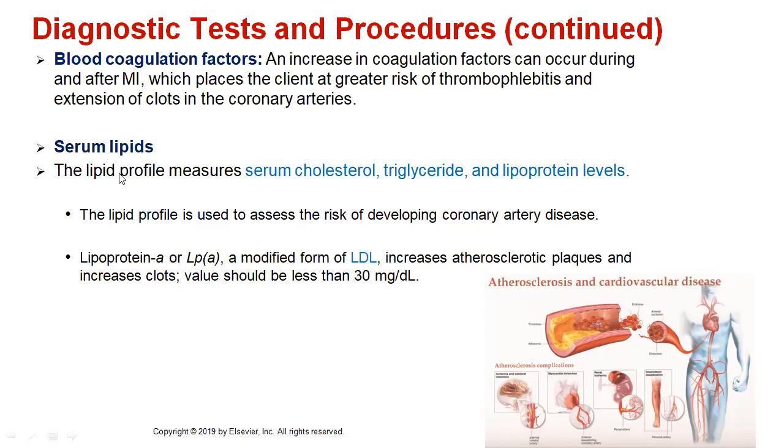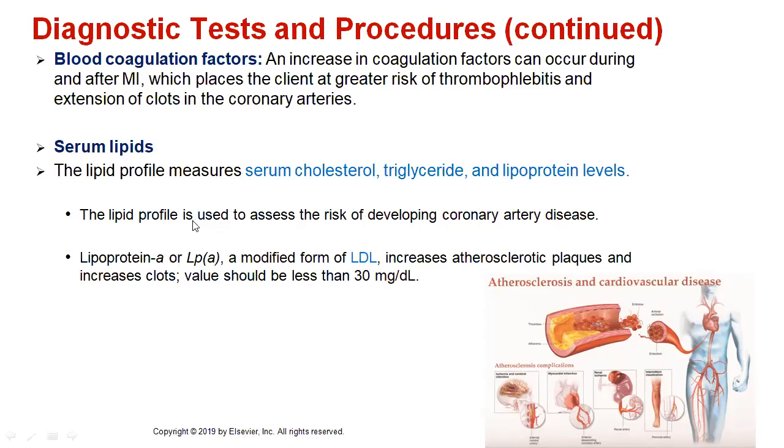When the doctor writes go for lipid profile, it means you have to check the total cholesterol or serum cholesterol, the triglyceride, and the lipoprotein level. Lipoprotein means HDL or LDL.